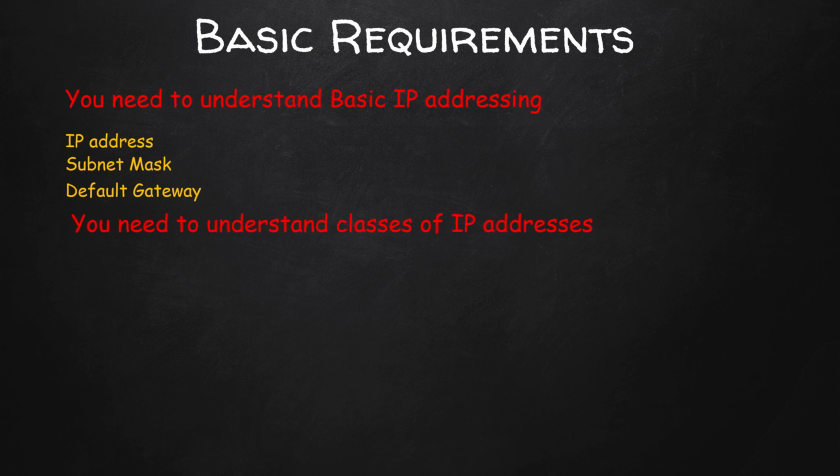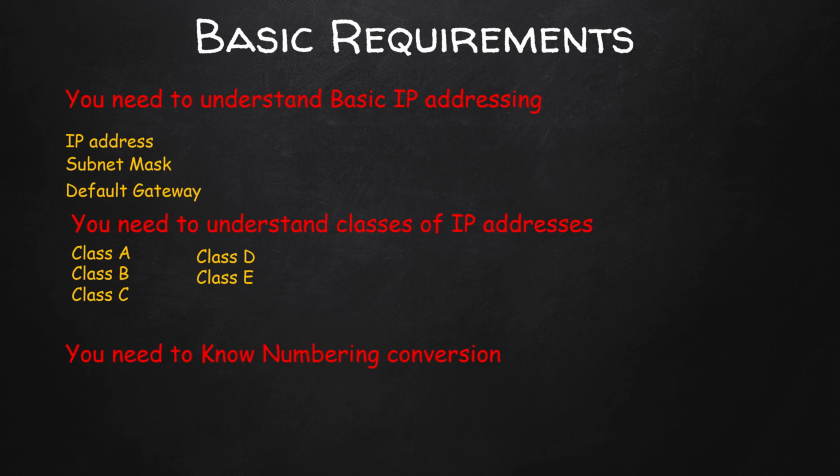Point number two, you need to understand classes of IP address: Class A, Class B, Class C, Class D, and Class E. Point number three, you need to know number conversion, such as binary to decimal conversion and decimal to binary conversion. So basically you need to know all of these concepts to perform successful subnetting.